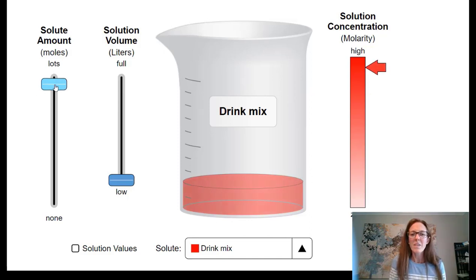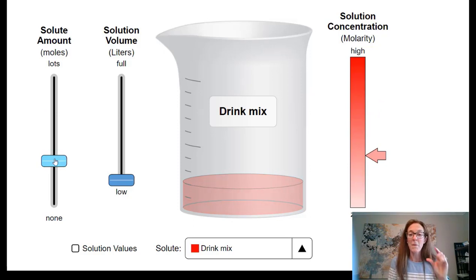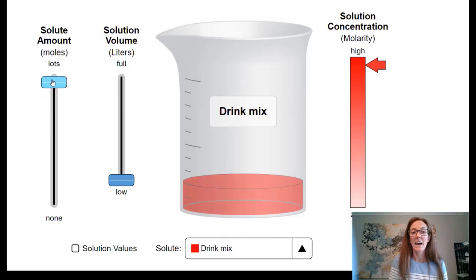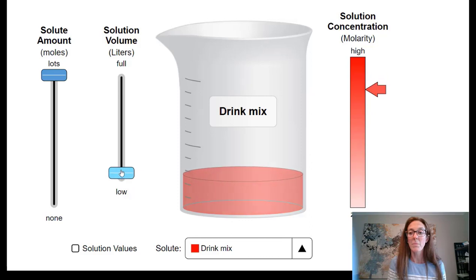As you can see, that is one way to increase and decrease the concentration, is by controlling that amount of solute. Similar to what I showed you with my very concentrated little bit of drink mix, we can change the amount of solution. So let's say I had a very concentrated drink mix here, but if I add more water, more of that solvent, notice what happens to my concentration on the right.